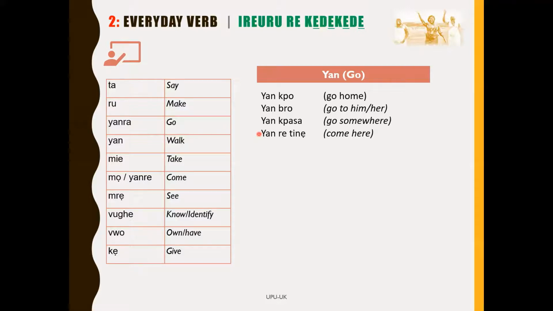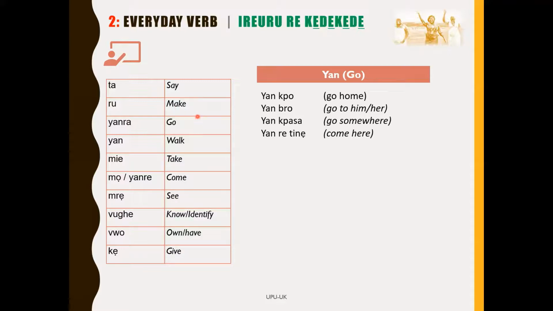So there are obviously different ways you can make these sentences, but what we want you to remember is each scenario will have different influences on how you use the verb. But first and foremost, learn these verbs, form the sentences that you want to make in Urhobo, and practice it. Come to us for aid if you need any assistance.